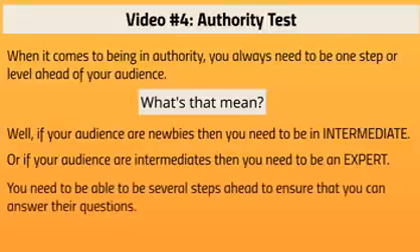And the reason being is because you need to be several steps ahead to ensure that you answer their questions. In other words, you need to make sure that you can gain their trust by providing value, and that way they understand that you have been through what they are going through right now.